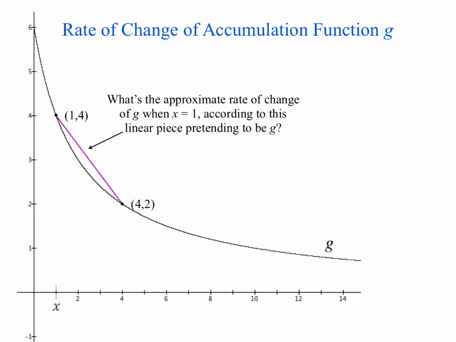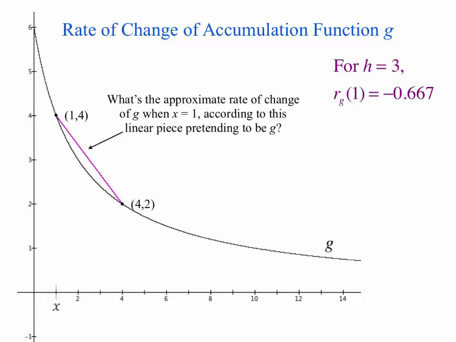You could do it in your head. What is it? Negative 2/3. Okay, so for h equals 3, the rate of change function for g evaluated at 1 is negative 2/3.